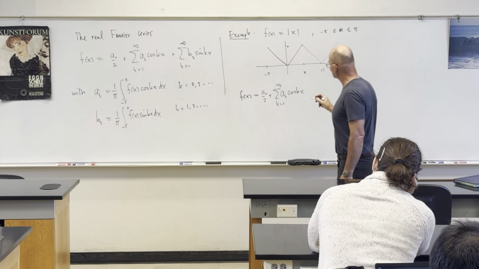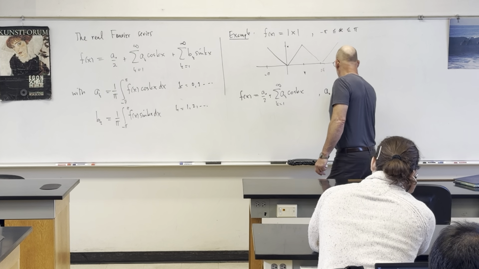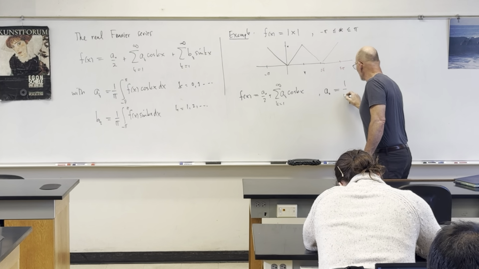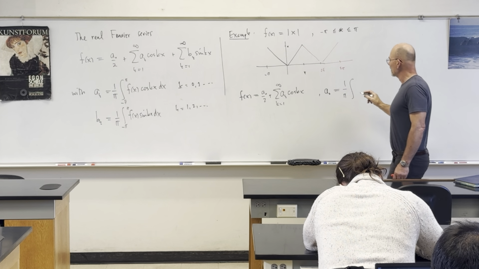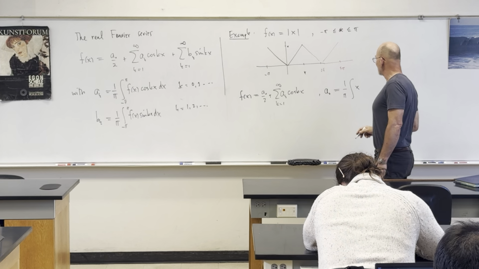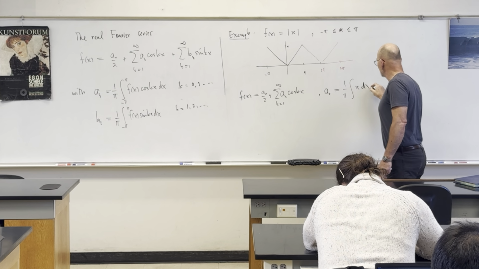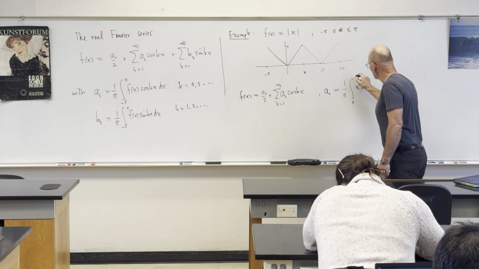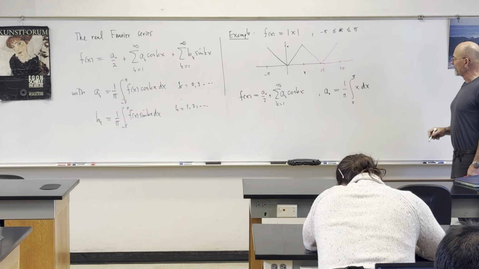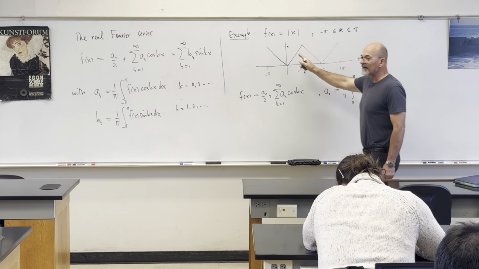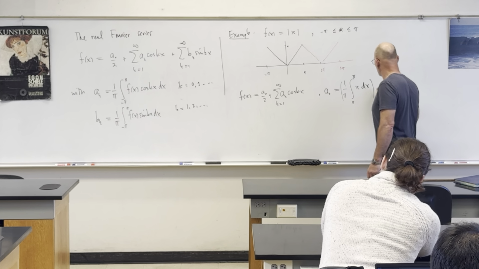So let's see what we have here. We've got 1 over pi, and then x. And here's something we can do as well. We can do x dx from 0 to pi. It's going to be the same on the left side, and so we can multiply that by 2.